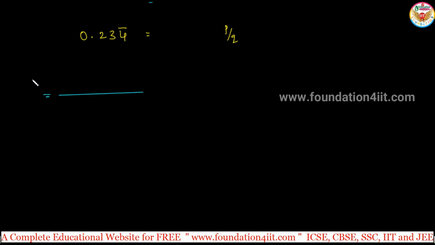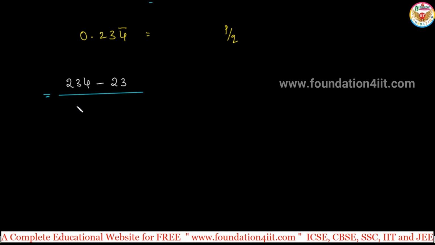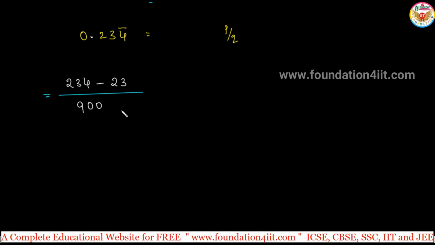For the numerator, write the entire number without the point and without the recurring bar, 234. From that, subtract the part which is not repeating, that is 23. That is the numerator. For the denominator, as many digits as are repeating, that many nines you keep. Here only one digit is repeating, so 9. After the point, as many digits as are non-recurring, as many zeros you have to keep. So it is 234 minus 23 by 90.